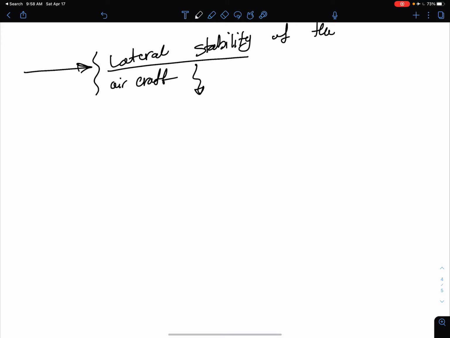The lateral stability is the tendency of an aircraft to return to the original trim level, around the x-axis. So we are talking about roll, let's call it roll stability.